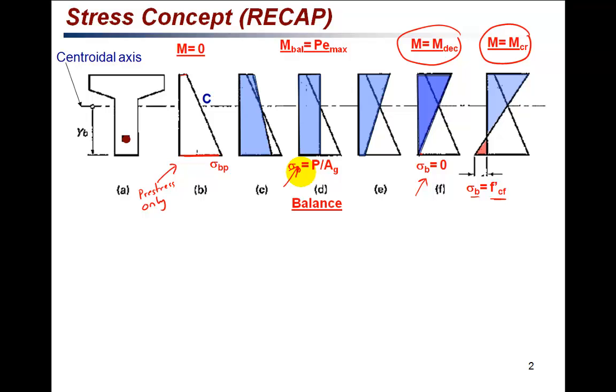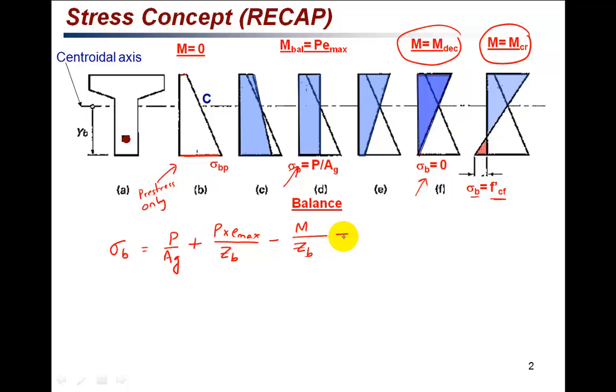So we know that the bottommost stress in the prestressed concrete beam is given by P over A, which is the uniform compression stress due to force P, plus the bending stress caused by the eccentricity of the prestressing wires and the bending stress caused by the external load.